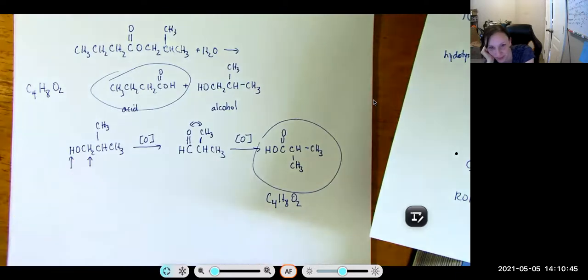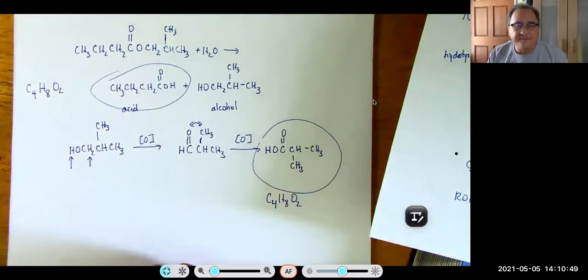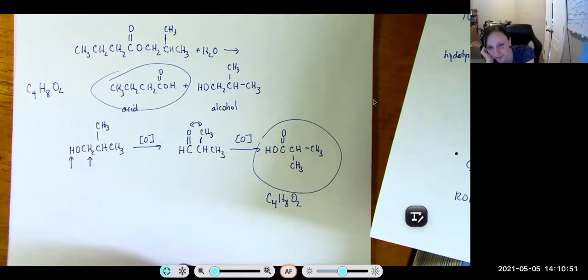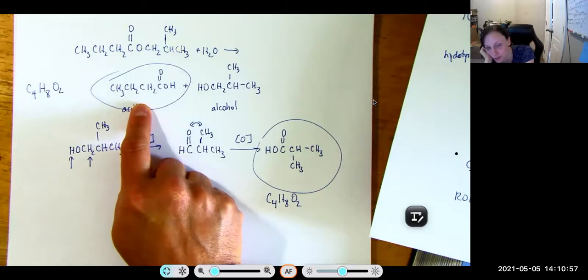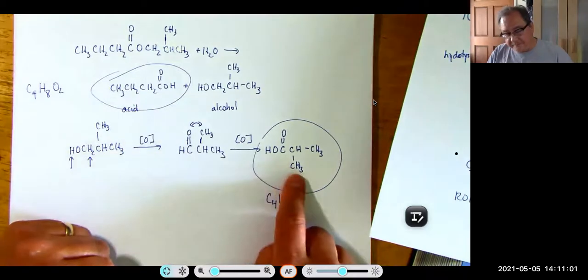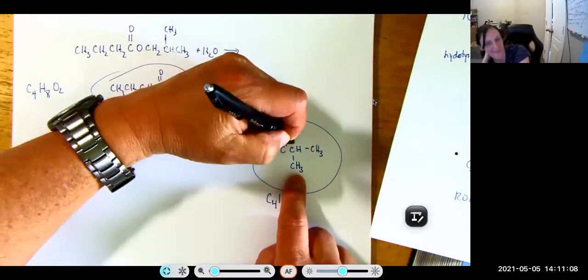Justify that these are different. What's the parent here? Butane. What's the parent here? Butane. Really? One, two, three.